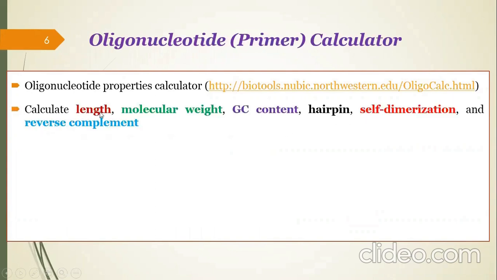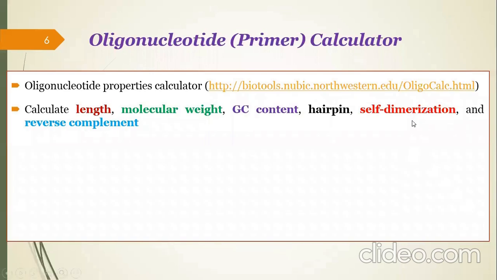We can calculate the length, the molecular weight of that primer sequence, and the percent GC content. We can know if the primer has hairpins or not. This is important. We don't need to have the primer with hairpins, so it will determine the hairpin.